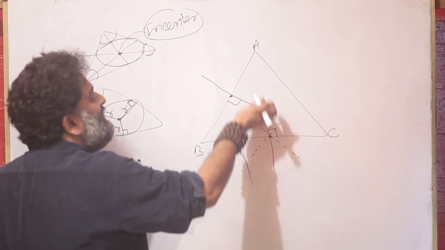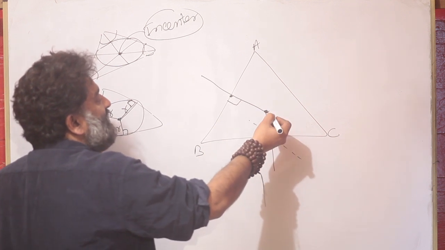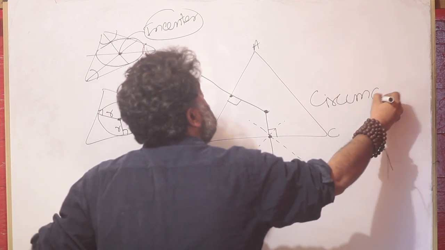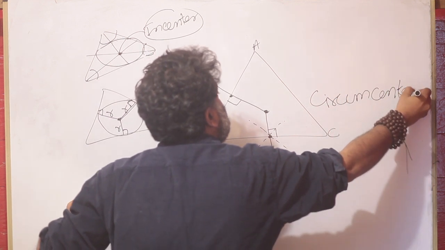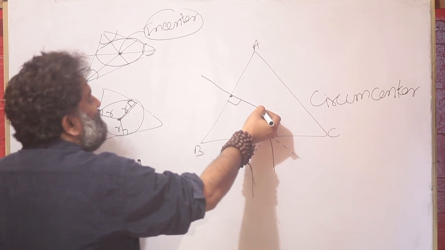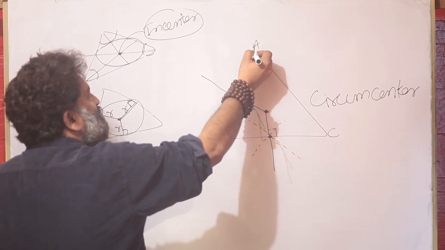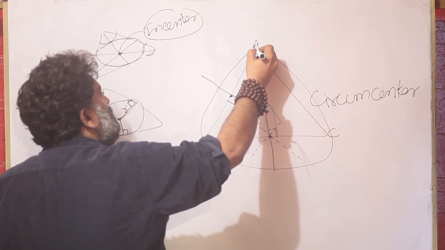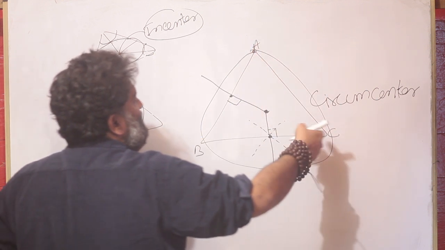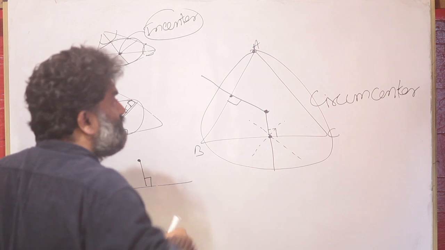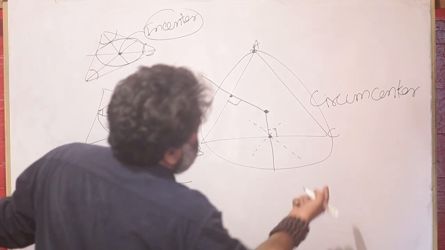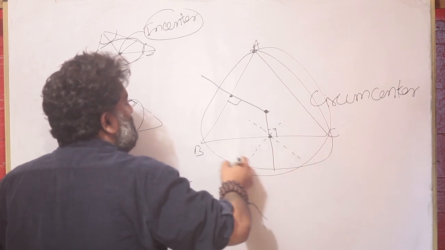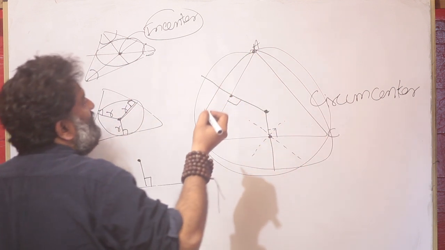I have two perpendicular bisectors meeting at this point, and this point will be known as the circumcenter. What that means is that from this point you can create a circle which will pass through all the vertices A, B and C. This doesn't look like a circle, it looks more like an apple, so fix the design in your notebooks.